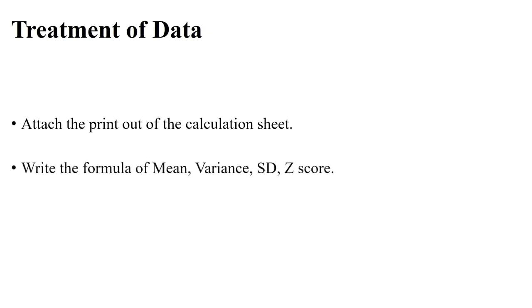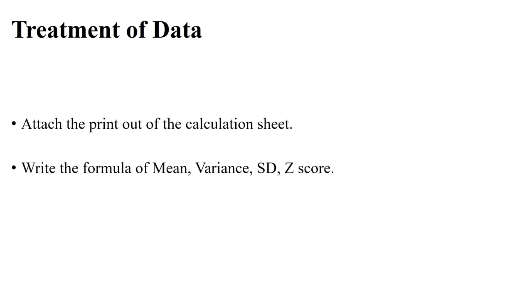Now, the third important topic, that is treatment of data. For treatment of data, what you have to do is first attach the printout of the calculation sheet. So wherever we have done all the calculation on the Excel sheet, take a printout of it and attach it over here under treatment of data. Next, after attaching the calculation sheet, you have to mention the formulas.